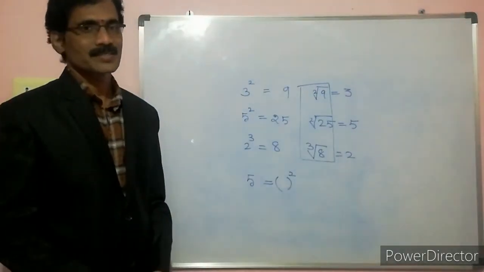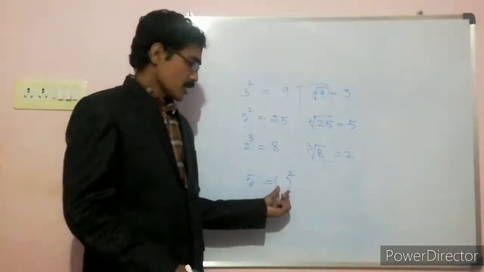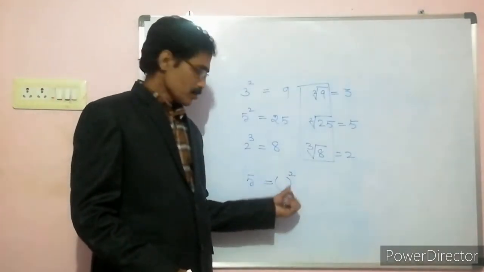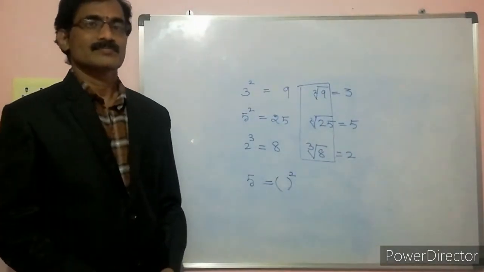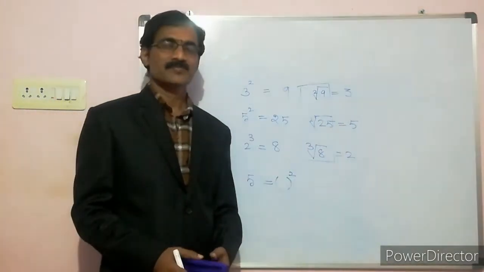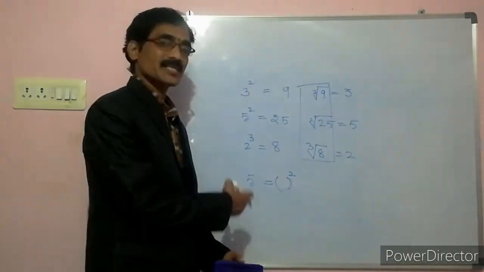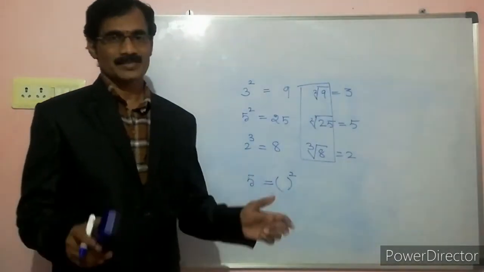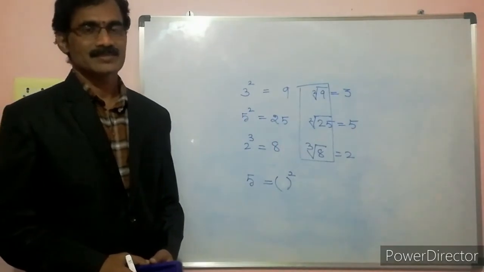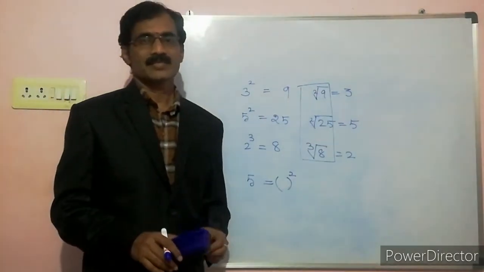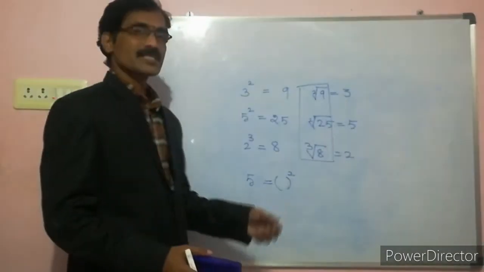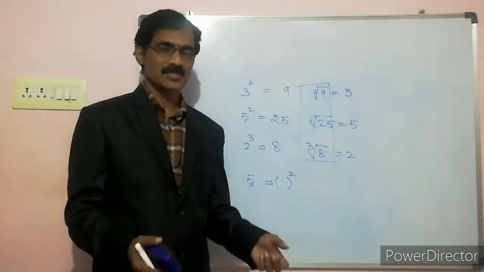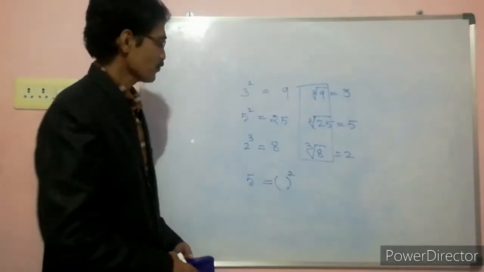What does it mean? Can you multiply any number 2 times to get 5? Can any integer be multiplied 2 times to get 5? No, you cannot get it. There is no integer.